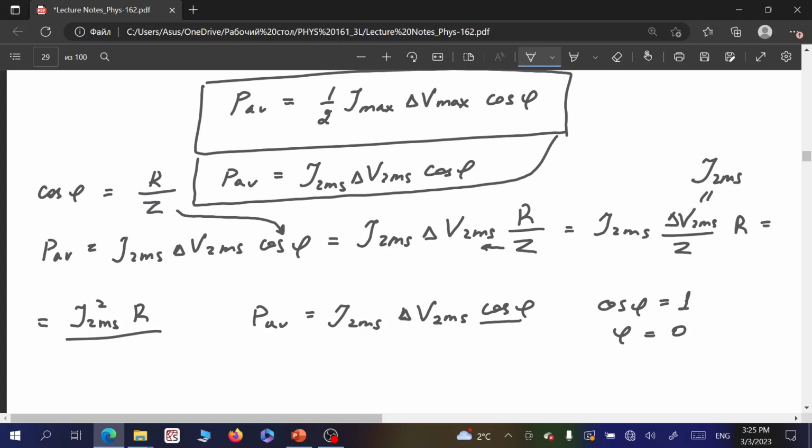So for that purpose, in order to increase this cosine phi coefficient and operate at conditions close to unity, next to powerful generators at power stations, engineers intentionally connect huge capacitors, in order to compensate the lack of capacitive reactance in consumers of electric power.